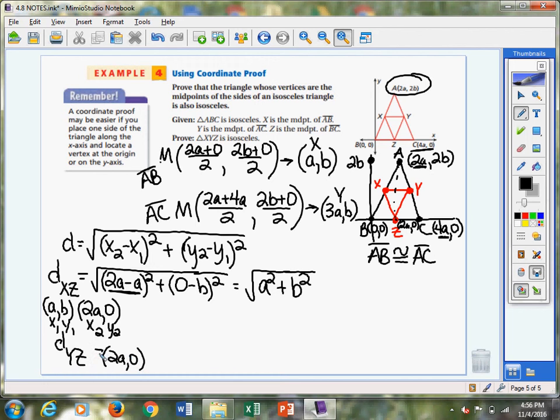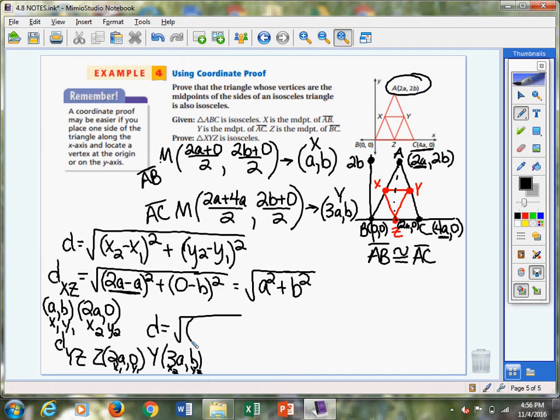That's Z. And Y is 3A, B. Again, you want to assign one of the points to be point 1. So you can call this one x1, y1, x2, y2. Whatever works for you works for me. I don't really care. It doesn't matter which one's point 1, which one's point 2. And then we're going to plug into our distance formula.